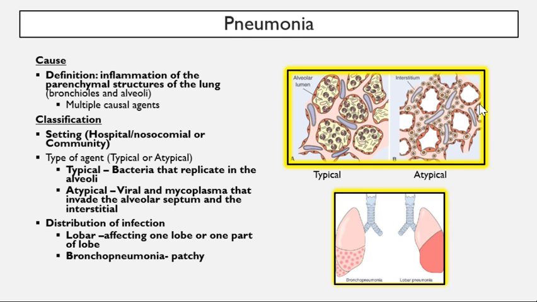Pneumonia is classified in different ways based on the setting, whether it's nosocomial or community acquired. Nosocomial just means hospital acquired. Have you all heard that term before? Those are a problem because diseases can get worse.